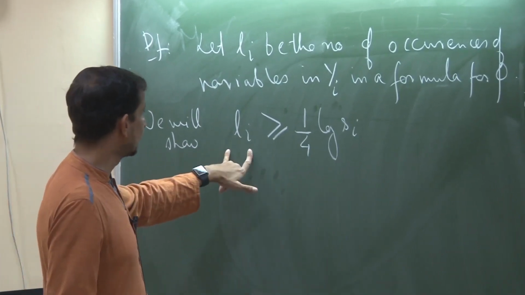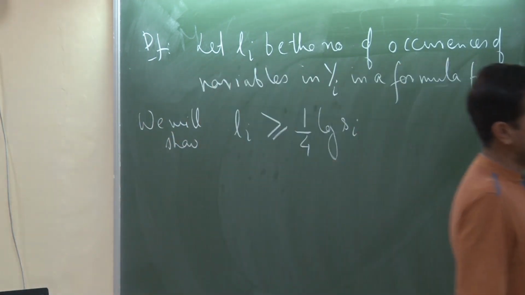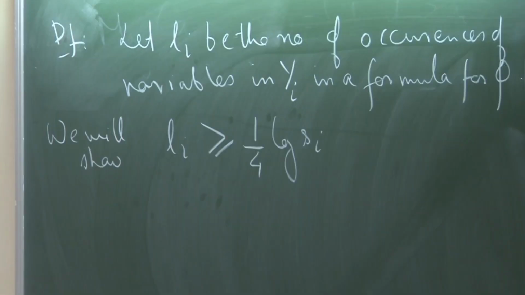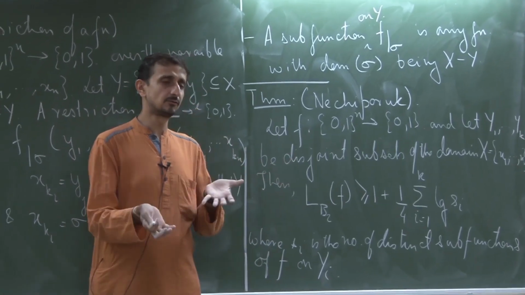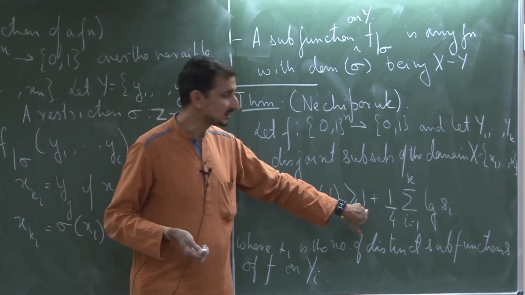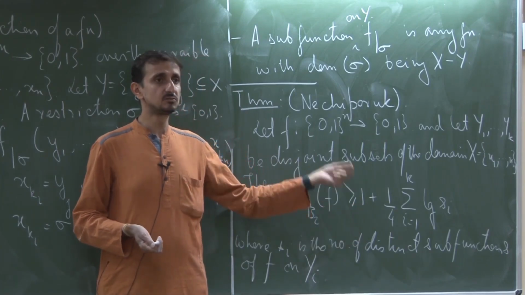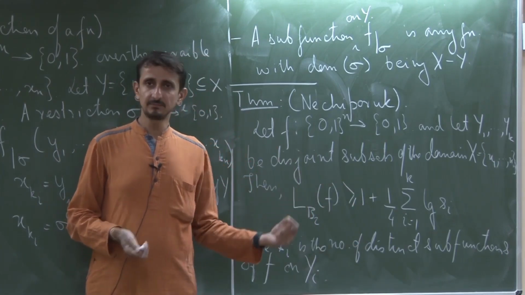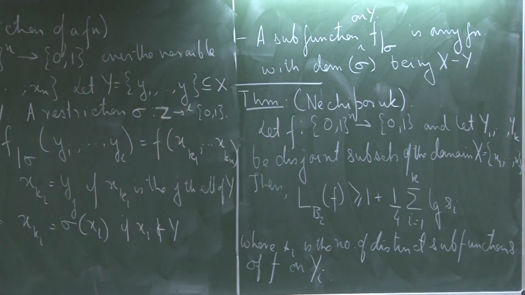So, that will show that the total number of leaves is greater than the quantity on the right hand side, and the total number of leaves is basically half the size of the entire formula, right, because it is a tree. Therefore, the size of the formula is nothing but the number of leaves. In fact, the number of leaves is one more, that is why we have this 1 over here. So, the number of gates is 1 less than the number of leaves. I am just counting the number of leaves over here. Okay. So, clear so far?